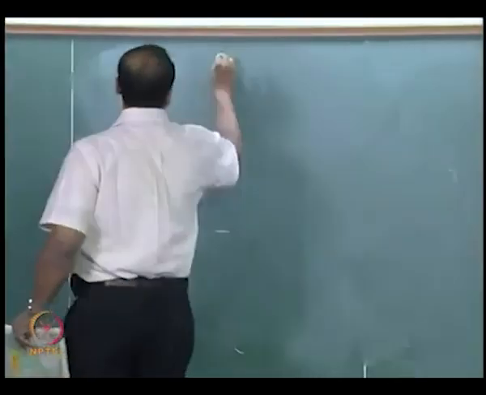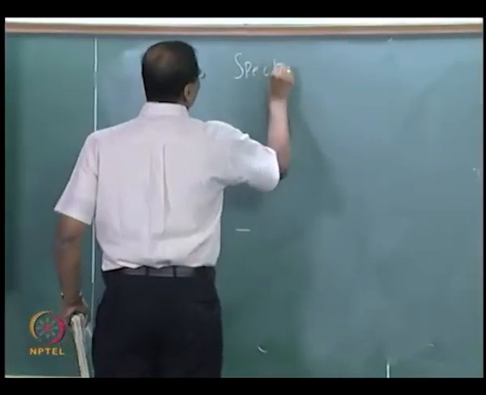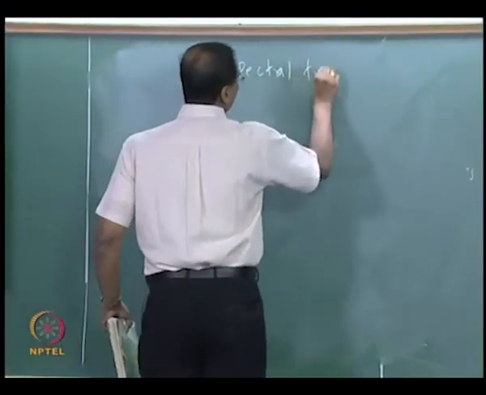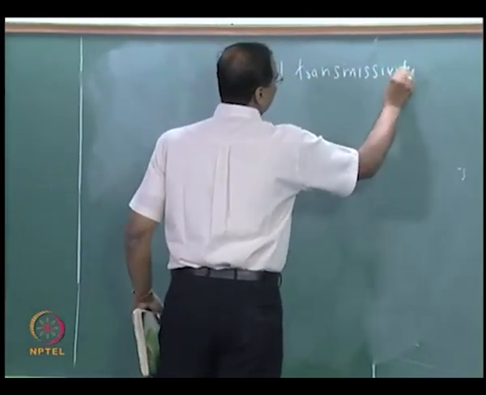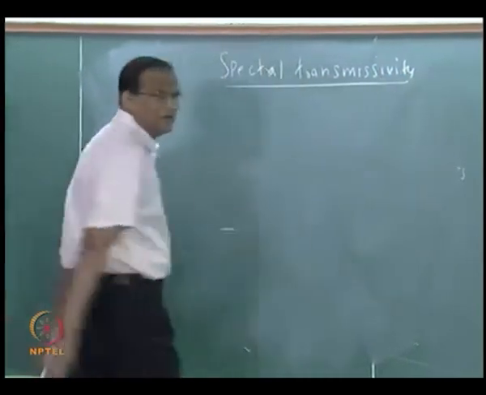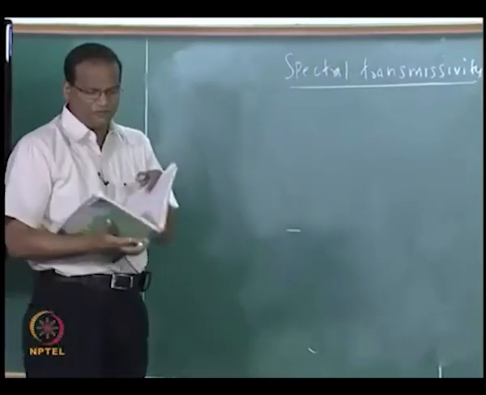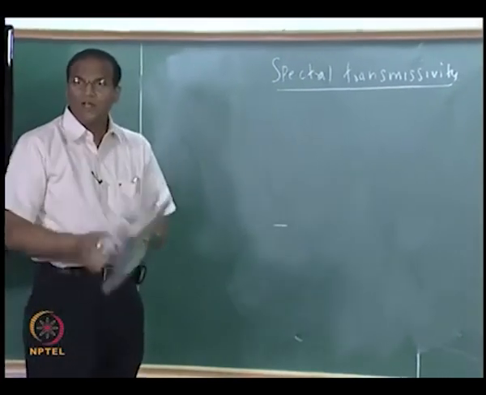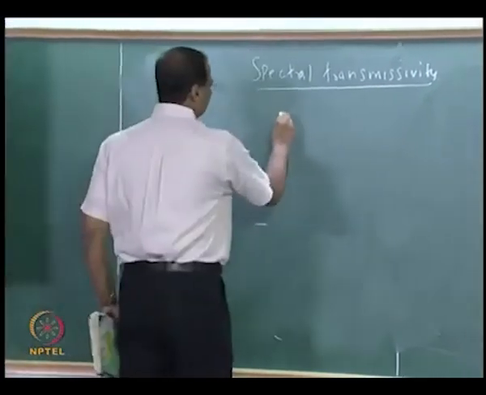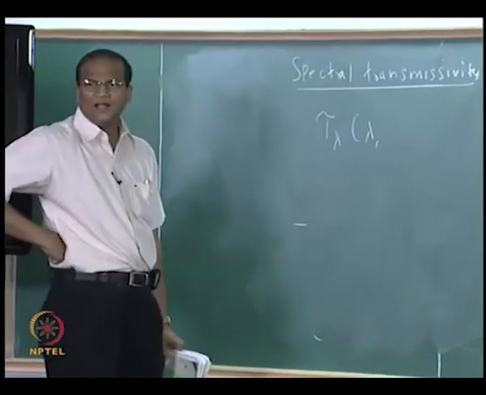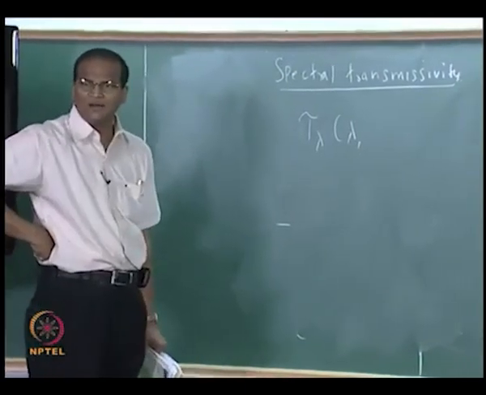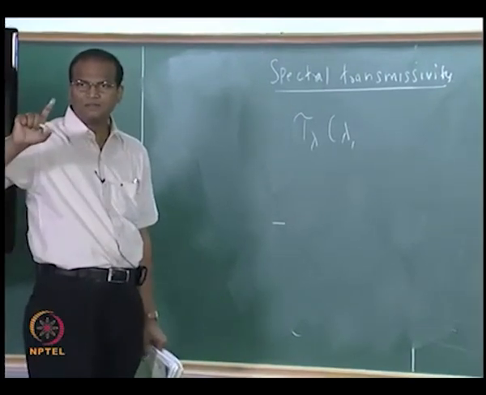Spectral transmissivity. So you want to put tau, I want to use tau lambda, which should be a function of lambda, and shall we put it as d or L thickness?